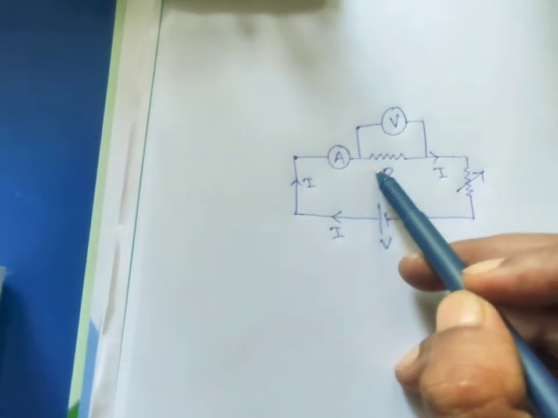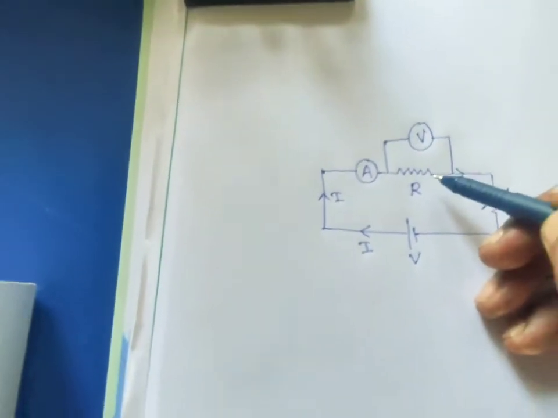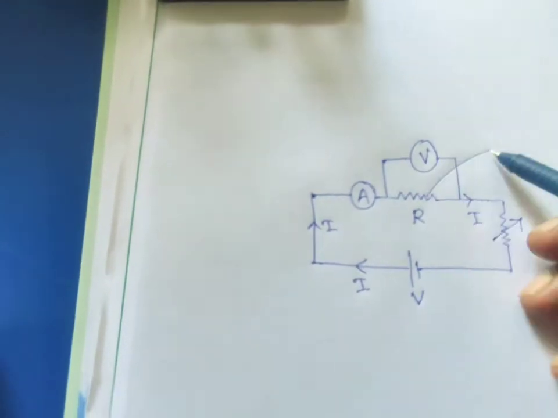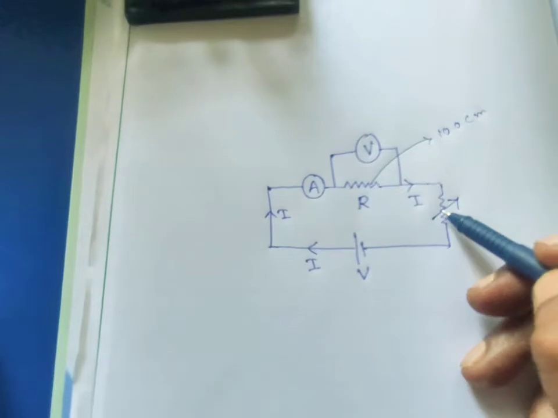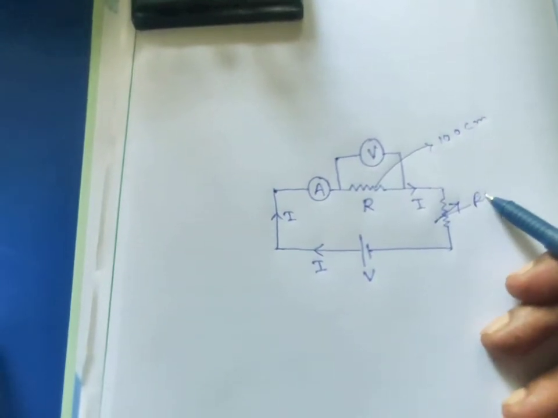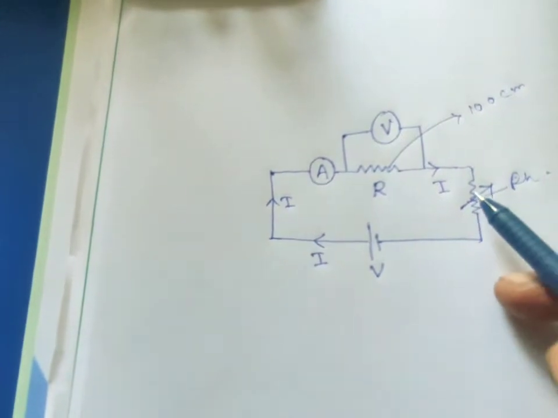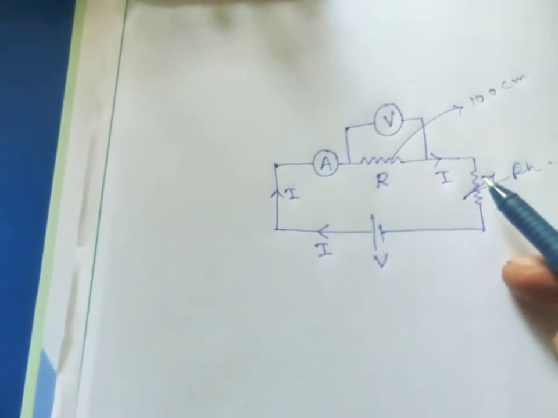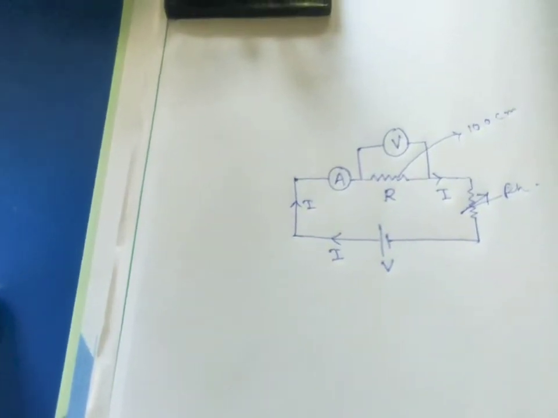Here we are using one resistance, that is the 100 centimeter wire, and that is the rheostat. So if you increase the number of turns of the rheostat, the resistance will increase and the current will decrease. So that is your circuit diagram.